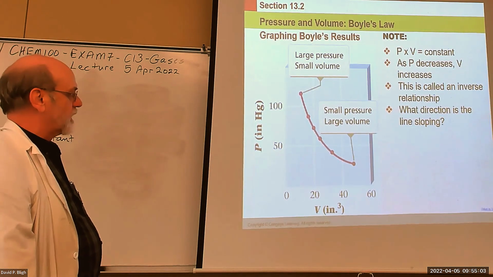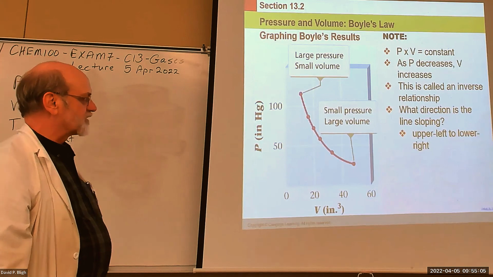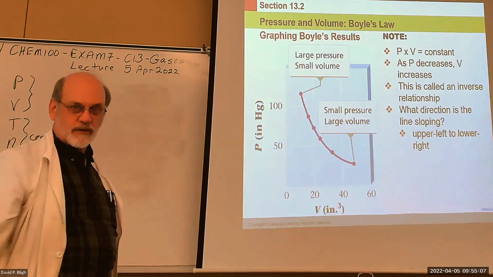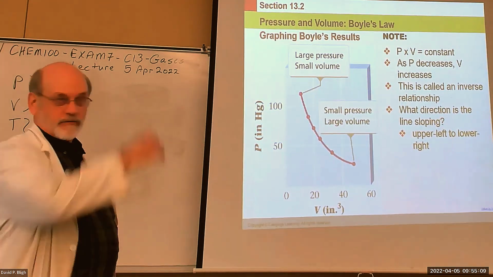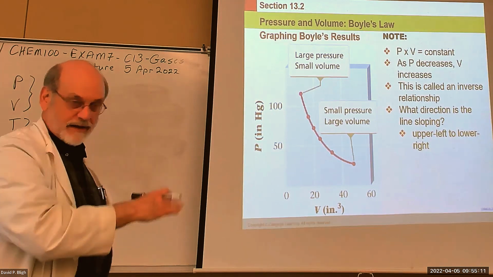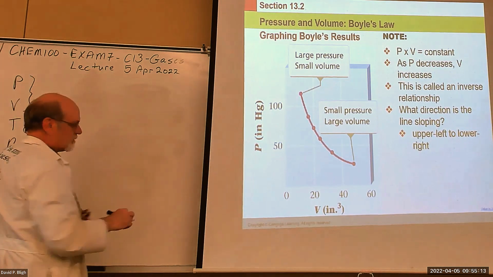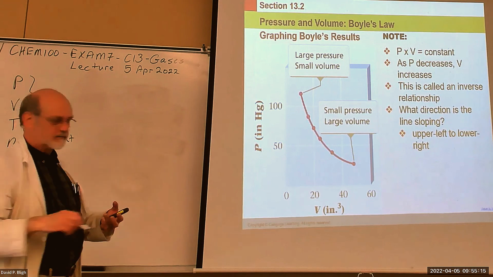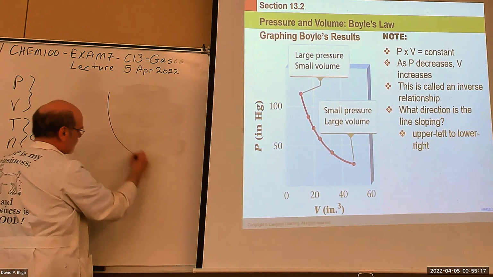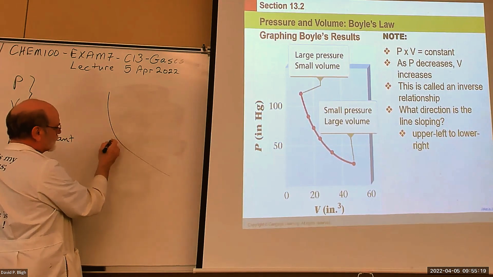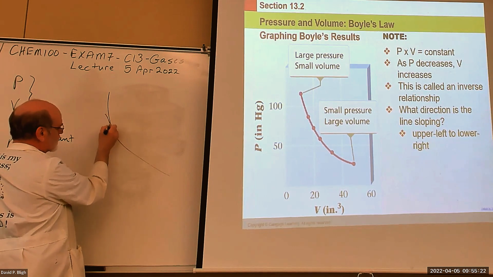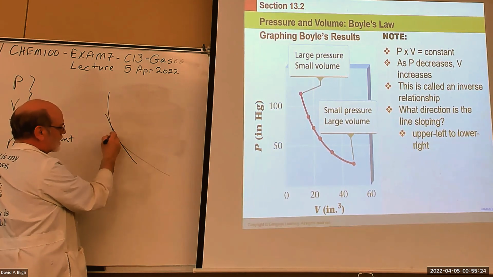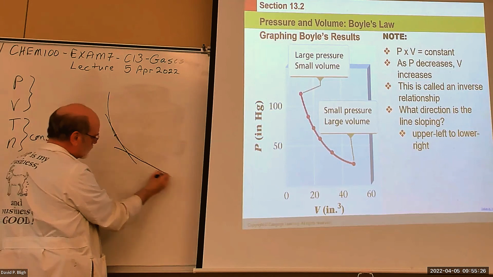Inverse relationship, yep. The line is sloping to the right from high to low, right? When we say the slope of the line, we say it's going to do that. The slope of the line is actually the slope of the line that's tangent to the line at that point, so it would change.